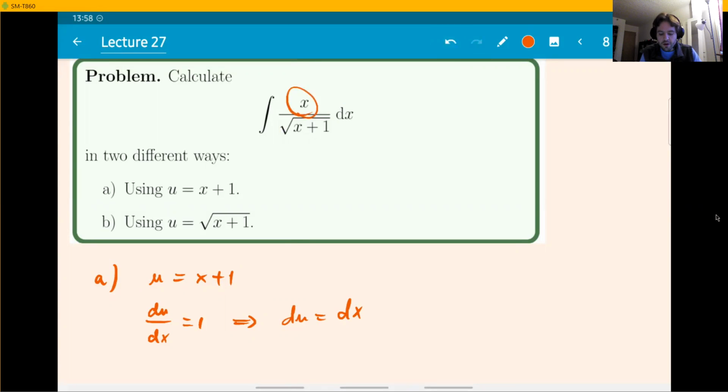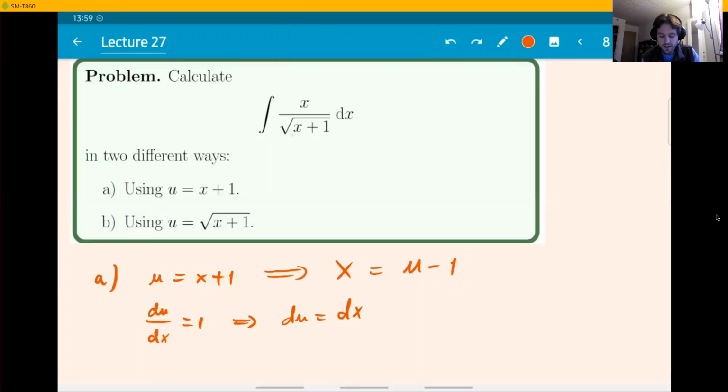This is a case where it is necessary for you to find the inverse transformation. You have u in terms of x. In some cases, it is also necessary to have x in terms of u, which is not usually going to be very difficult. Look at this one, just move the 1 to the other side. x is u minus 1. This is the inverse transformation. It means that anywhere you see an x, you're allowed to replace that with u minus 1.